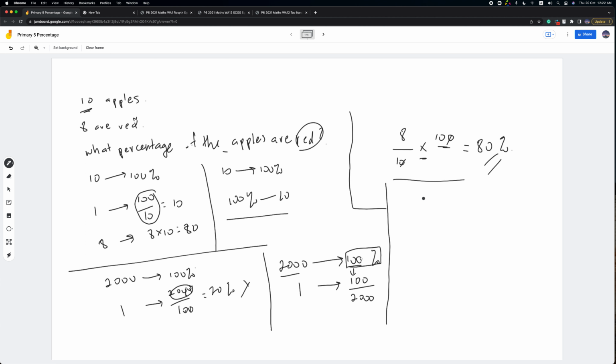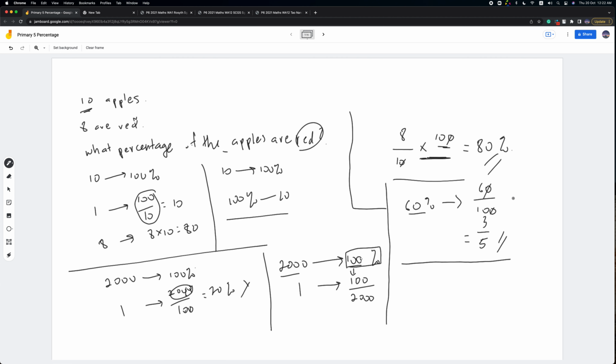To change from a percentage to a fraction is much simpler. All you need to do is just give it a denominator of 100, and then you simplify. There you go, you get the answer. Again, to change from a fraction to a percentage, you multiply by 100. But to change from a percentage to a fraction, just give it a denominator of 100.